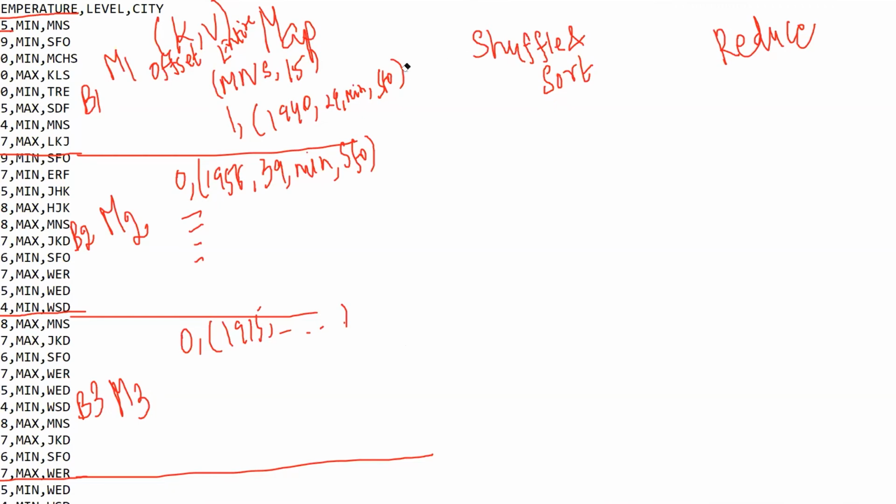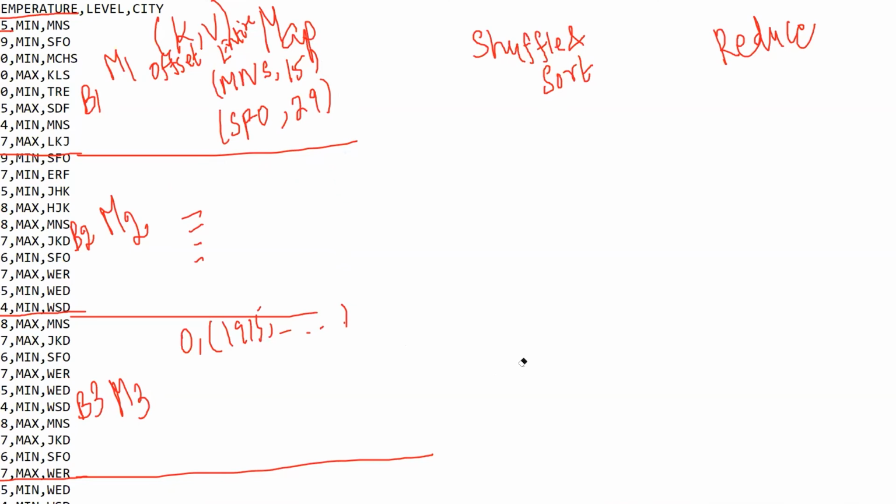Similarly, for the second record, I don't need the score with respect to this use case. All I need from this row is the city, which is SFO, and the temperature. Similarly, this whole row I don't need, though when I read it, I have to read it in that way.